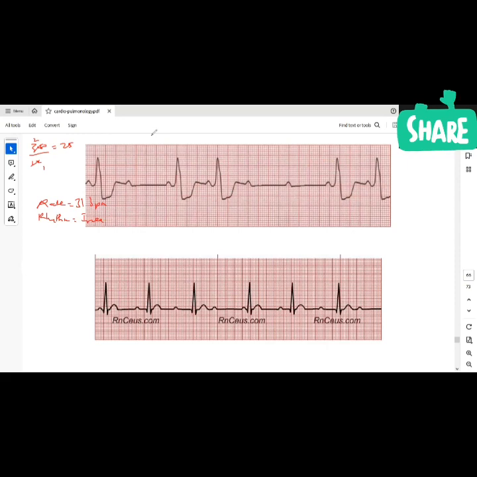So what is this? What's the rhythm? Sinus. You sure it's sinus? Wait, is this sinus rhythm, doc? No. So why is it not sinus?